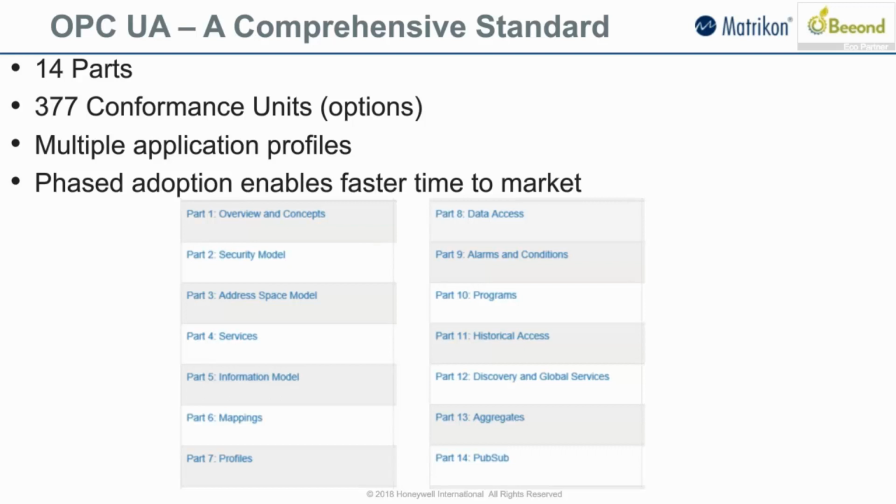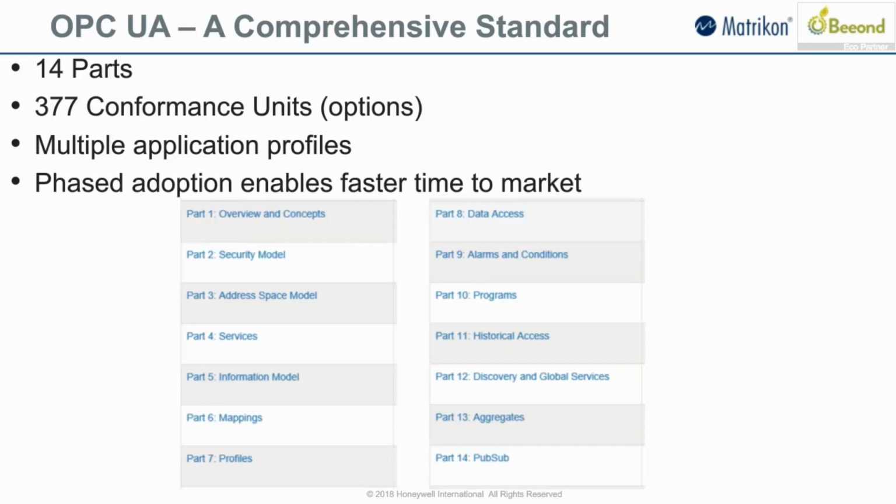So for the vendors, we also work with vendors, and actually we work a lot with vendors right now, because where OPC UA is today, there's a lot of work to be done to get the vendors completely onto OPC UA. But OPC UA is a rather large specification, as it says, comprehensive.